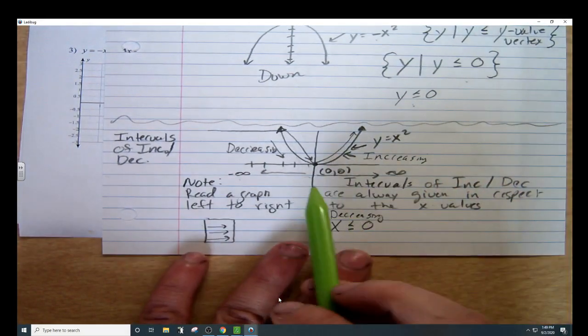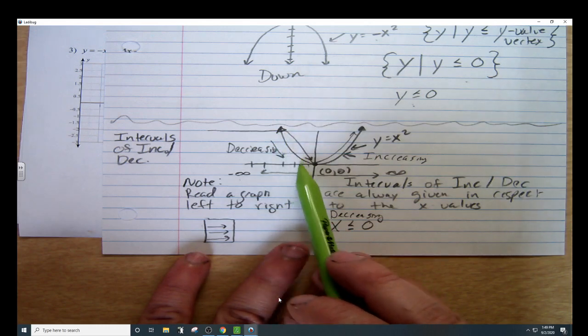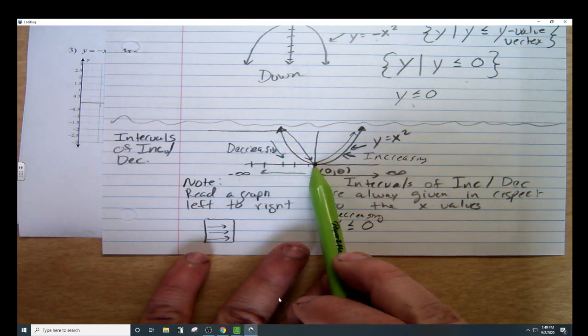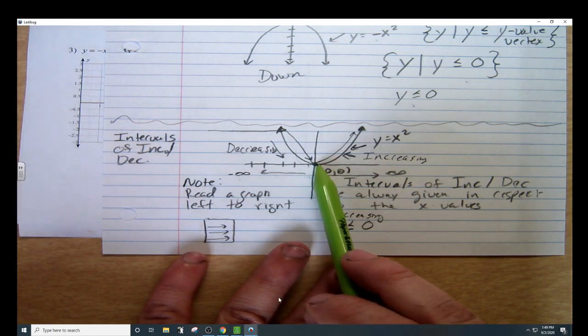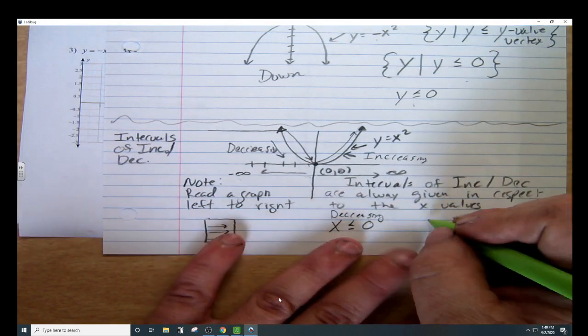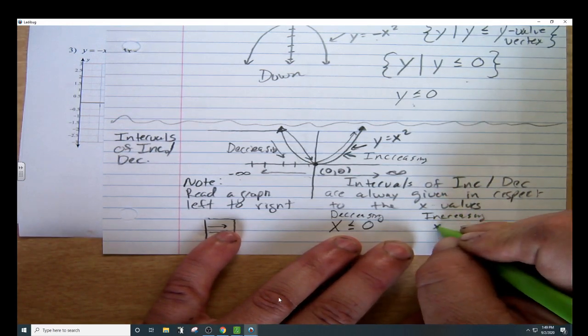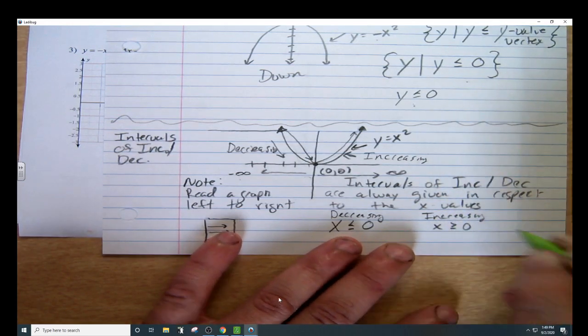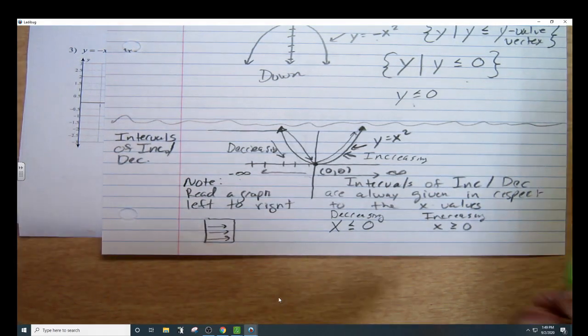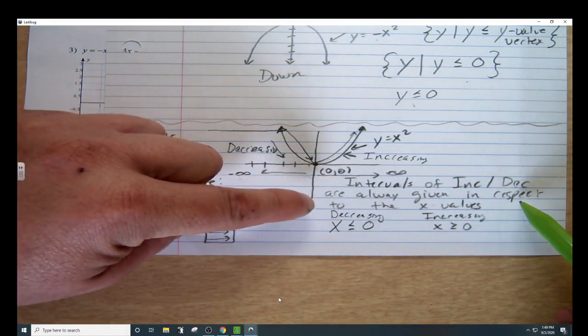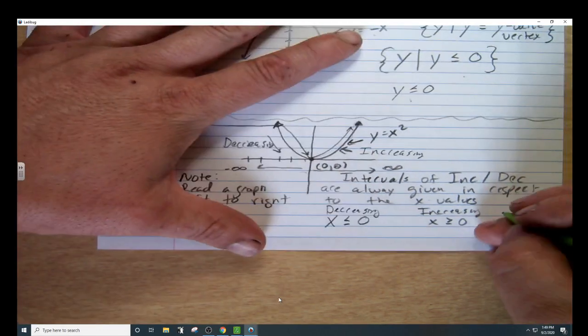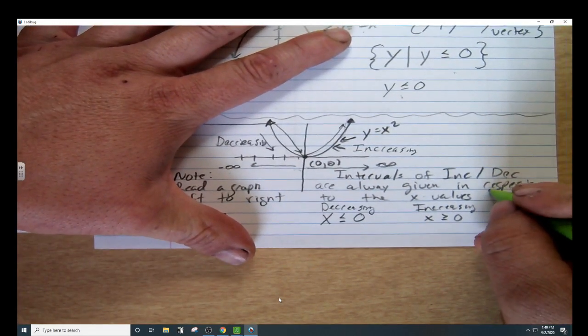Now, guys, you decreased until you got to your vertex, and then when you got to your vertex, what happened? You started going back uphill. So you started increasing when x values were greater than or equal to the x value of the vertex. Remember, the intervals of increase and decrease are always given with respect to the x values.